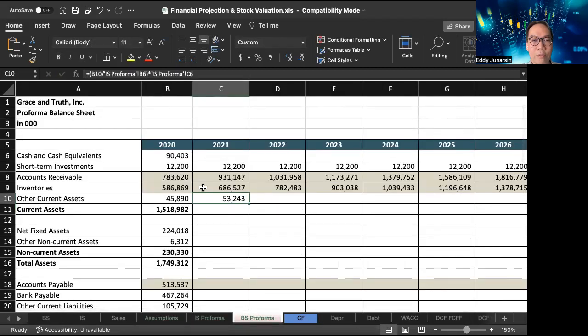Right? But be careful because we are doing the copying and pasting to the subsequent periods. Be careful that the ratio here, we don't want to do the moving averages, right? So we have to lock it here. Have to lock it with the F4.